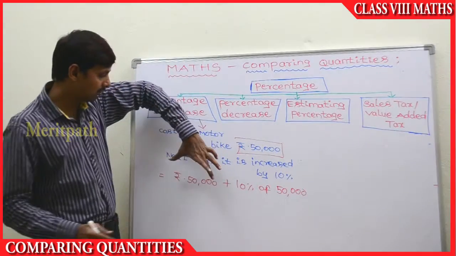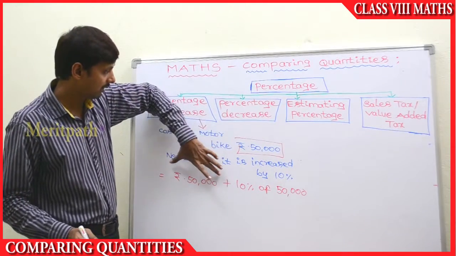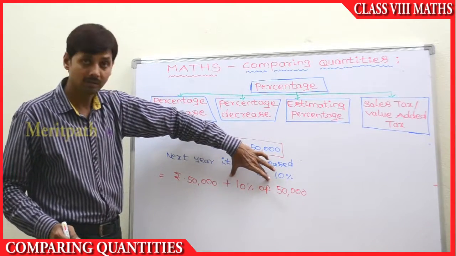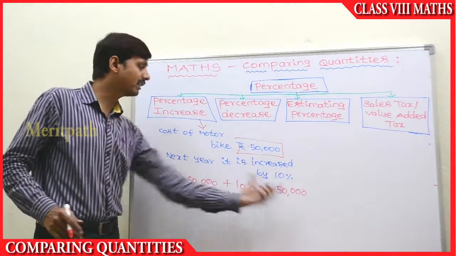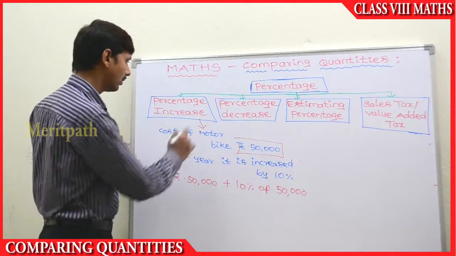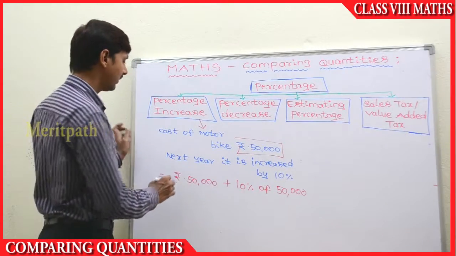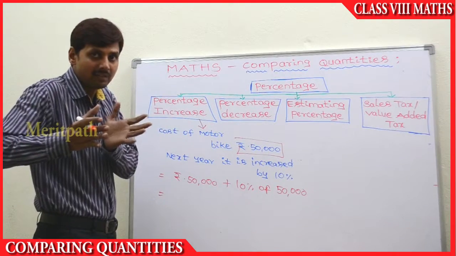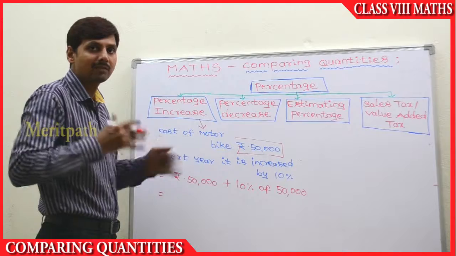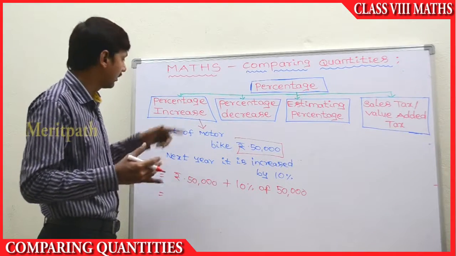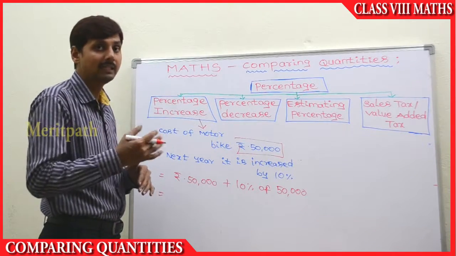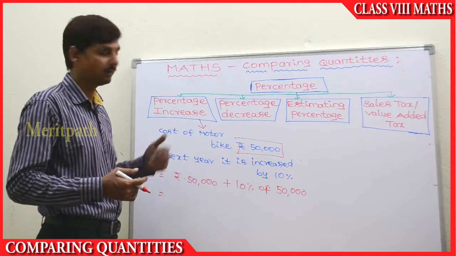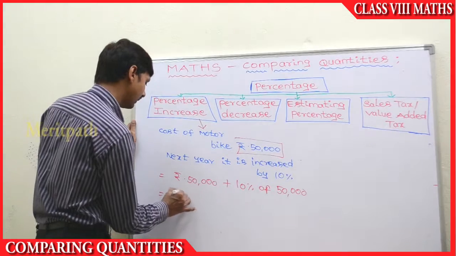The item is the motorbike, 50,000. Let's find the total of the actual amount and the increased amount, and then we'll get the motorbike cost after increasing, in the coming year.